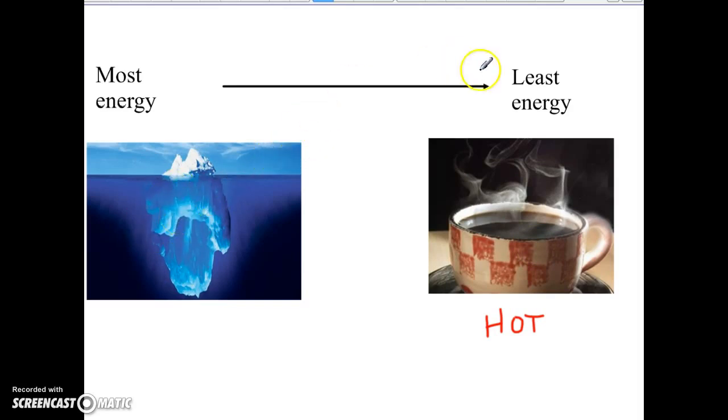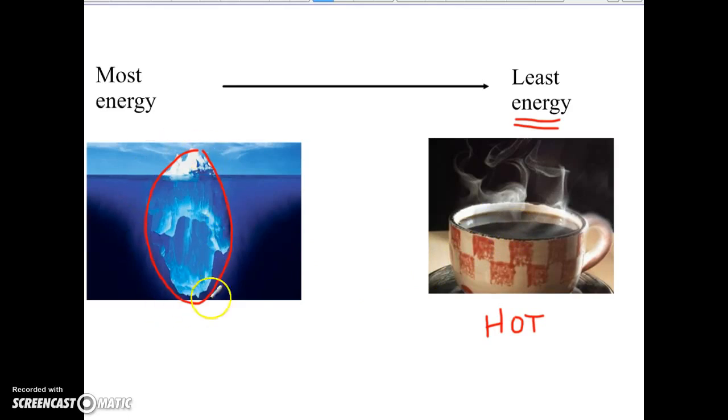Okay? So if we think about what energy is, the ability to do work. Let's say you wanted to make something warmer or colder by using these objects. If you poured this coffee on something, you would heat up the object a little bit. If you took all of this ice and you put it on something, you would be able to make many more objects colder than what you'd be able to heat with this coffee.